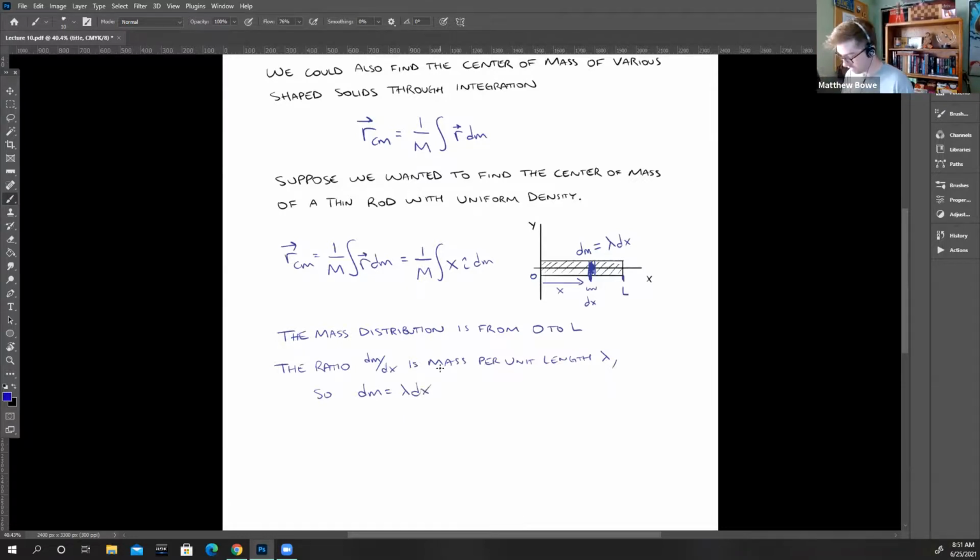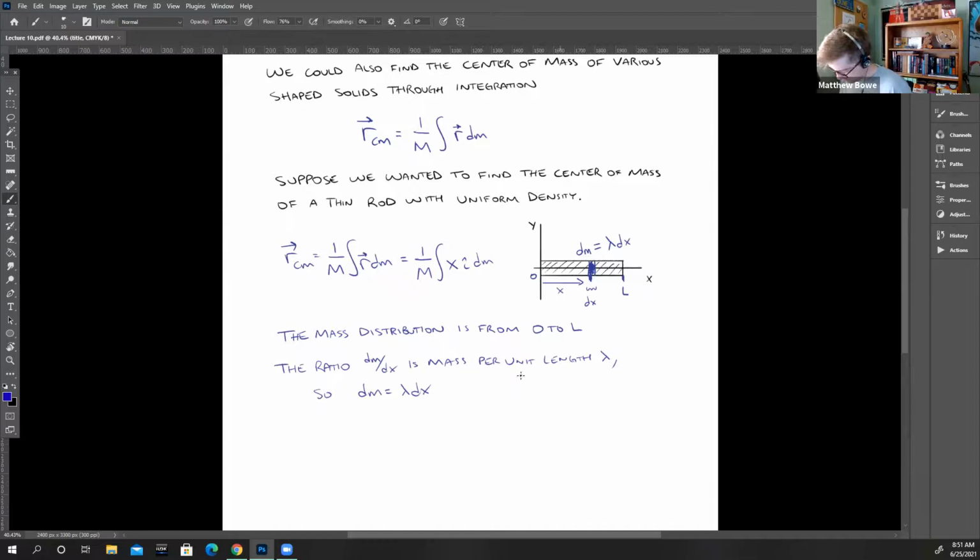That's what I jumped to already with this picture. If we take a little bit of mass over how much distance it covers, that's a linear density. In 3 dimensions, density is mass per volume. In 1 dimension, it's mass per length.